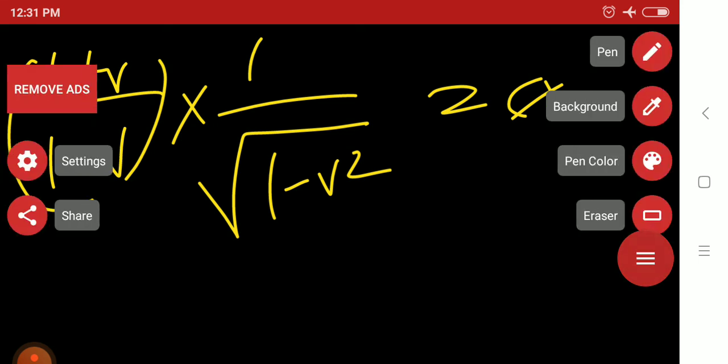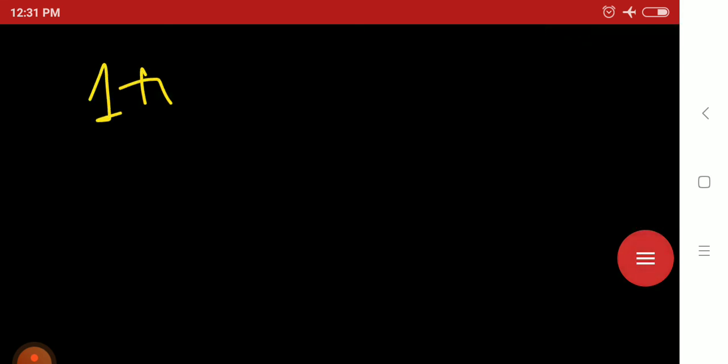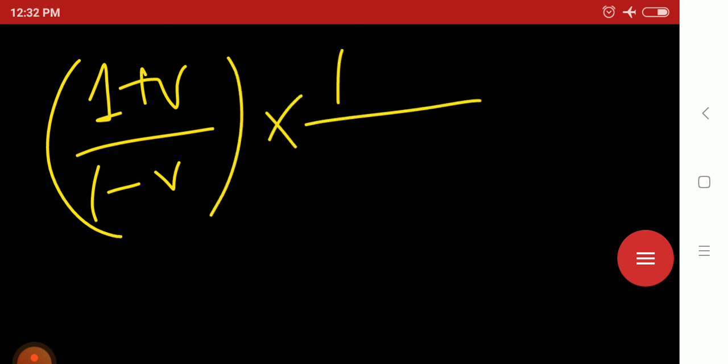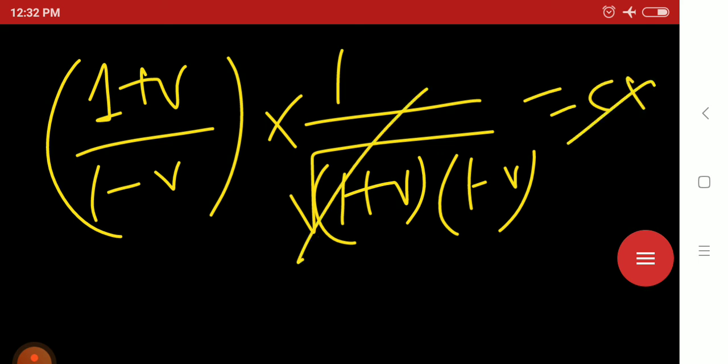So this can be written as 1 plus v by 1 minus v into root over 1 plus v into 1 minus v equals cx. So root over 1 plus v will be cancelled, and here it will be root over 1 plus v.